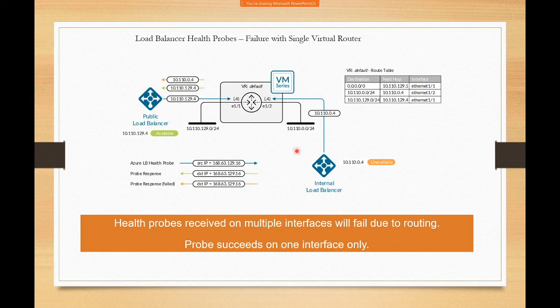Can anyone brainstorm for one minute? I know you all know the answer. Can you explain why? Focus on the diagram and tell me where the health probe will fail and what the reason is.